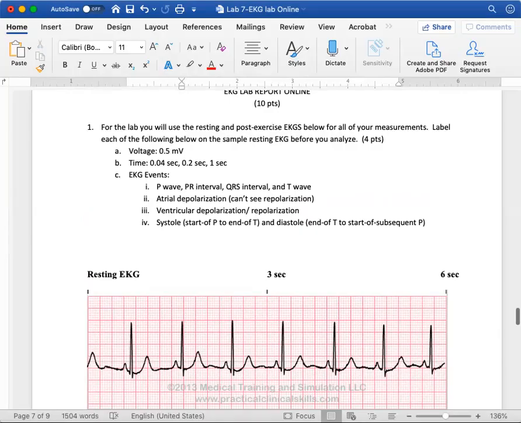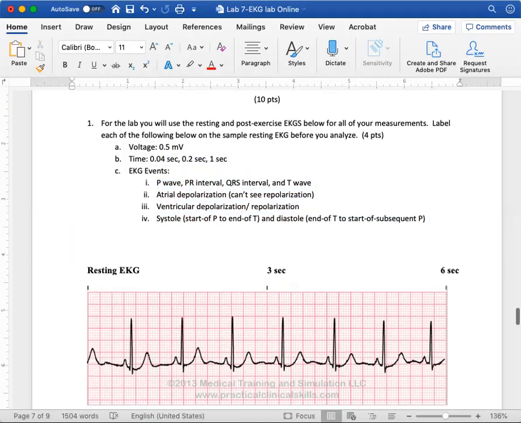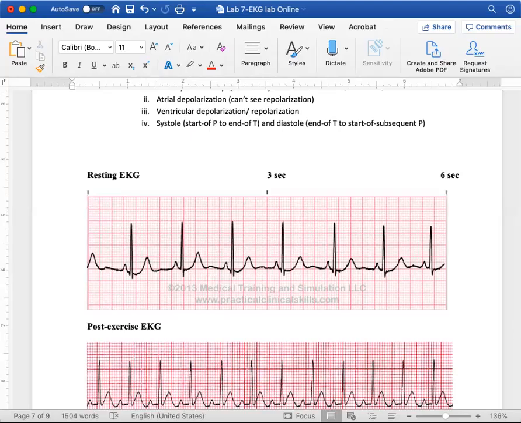I want you to label the voltage of 0.5 millivolts on each of those. I want you to label the time intervals, and then I want you to label all of these EKG events, okay? This is worth 4 points, so spend some time on this. Print it out and label them.